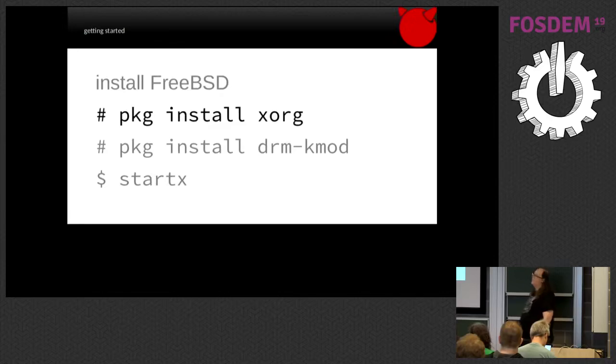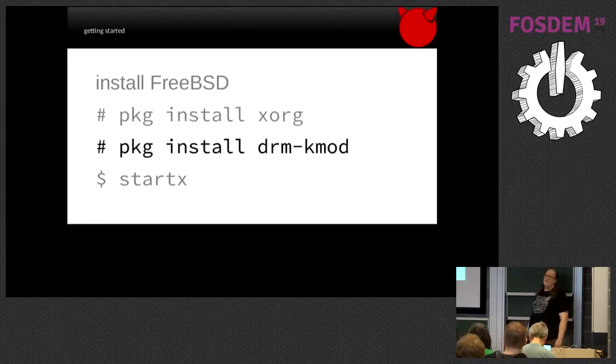Then you simply install Xorg, like this. You install your favorite window manager or desktop environment. So pkg install GNOME or XFCE. We have a whole bunch of them. Window Maker, i3 VM, things like that. Lumina, of course, we have Lumina.